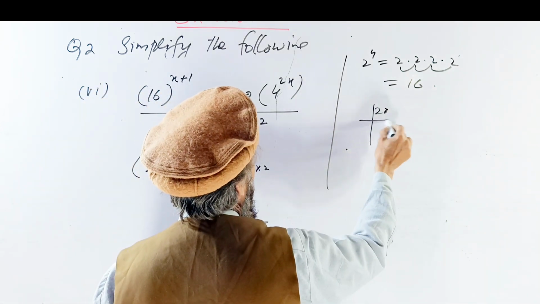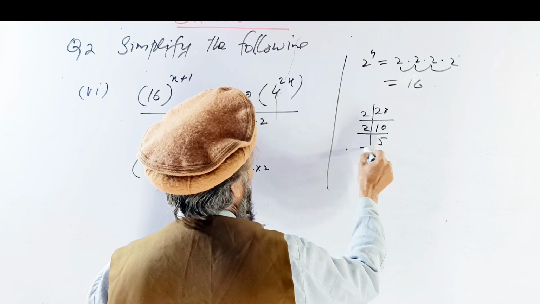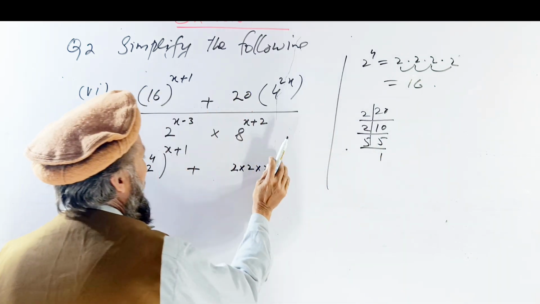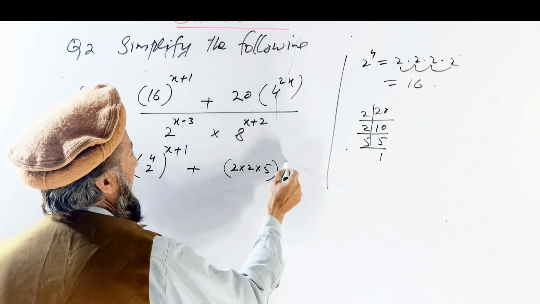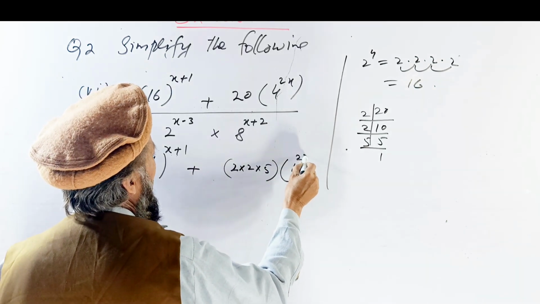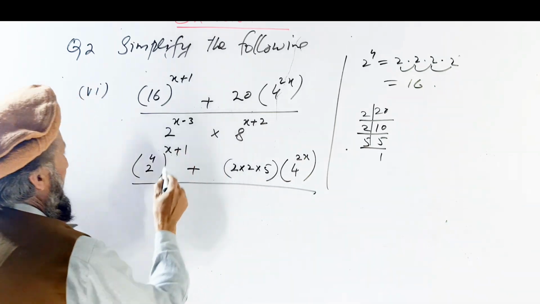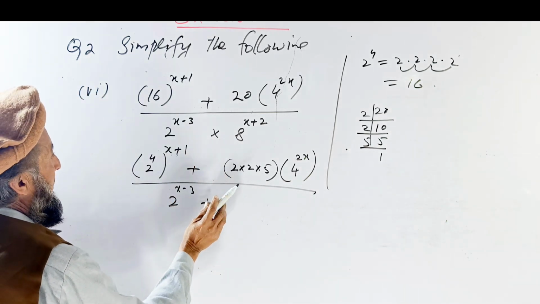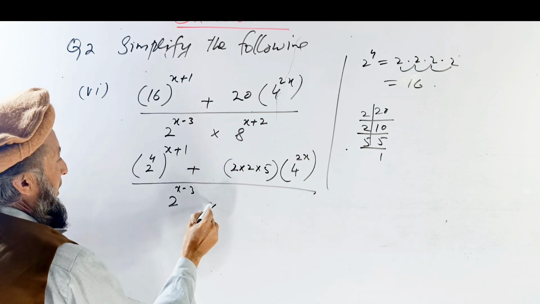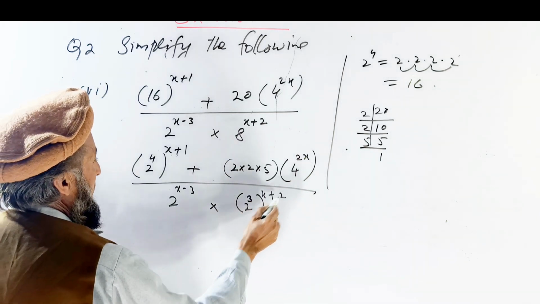20, if we write here by this method, we can write 2 multiply by 5, 20 is right, and 4^(2x) divided by 2^(x-3) multiply, and 8 is also 2 power 3, (x+2).